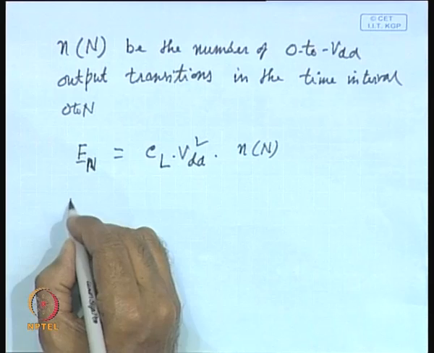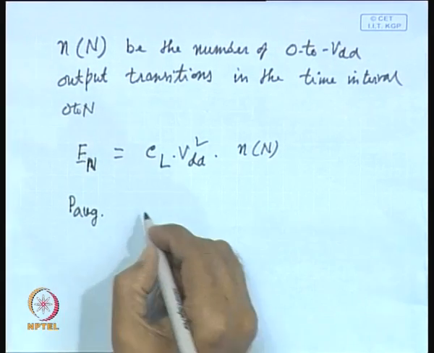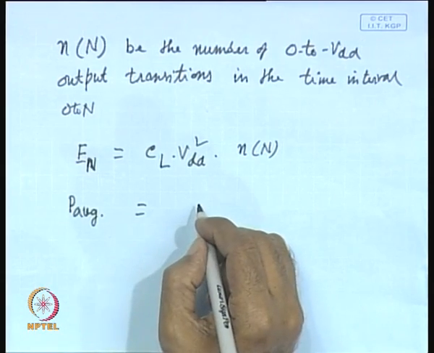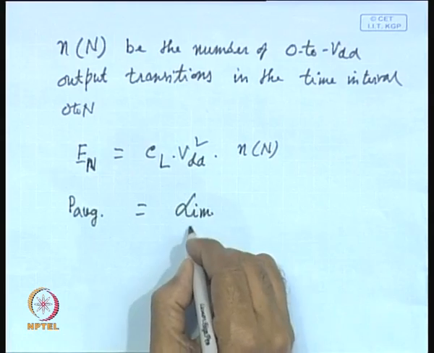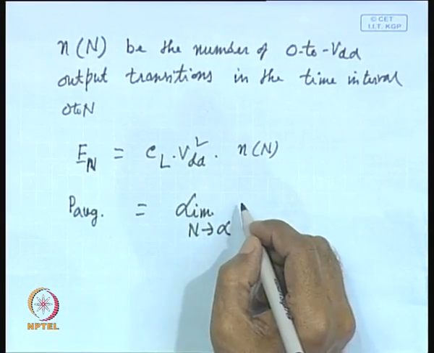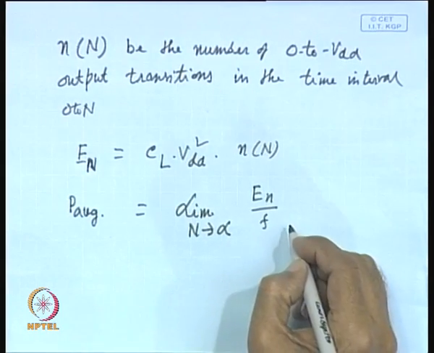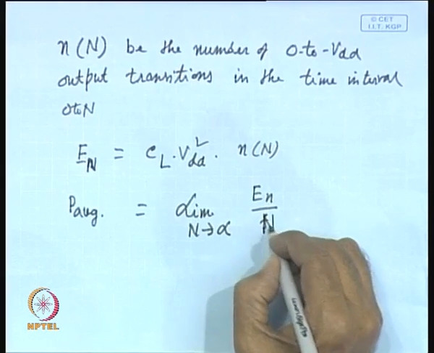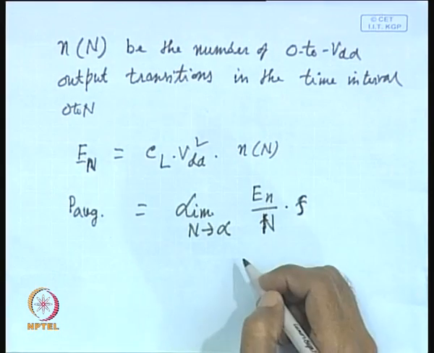Now, what is the average power dissipation? That will be equal to the limit as n tends to infinity. For a large value of n, we shall take an average, En by n into f. f is the clock frequency.